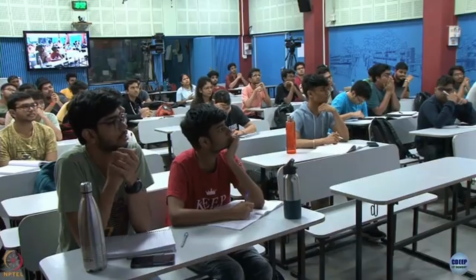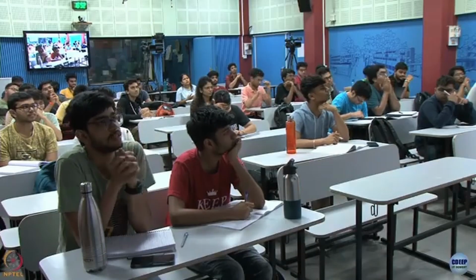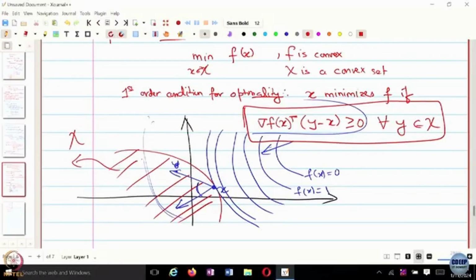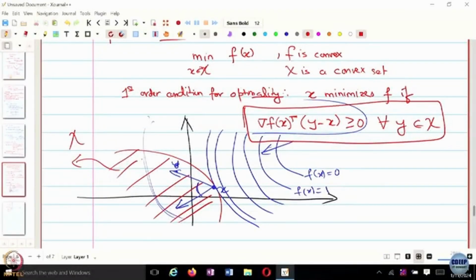What is the condition for optimality for unconstrained optimization? Gradient is 0, right? You can also see it from here. If x is the whole of R^n, then the vector is making both an acute angle and an obtuse angle, because you can move in every direction. If you replicate this condition, you will have y minus x greater than or equal to 0 and also less than or equal to 0. So the only way this is true is when the gradient of f of x is equal to 0.